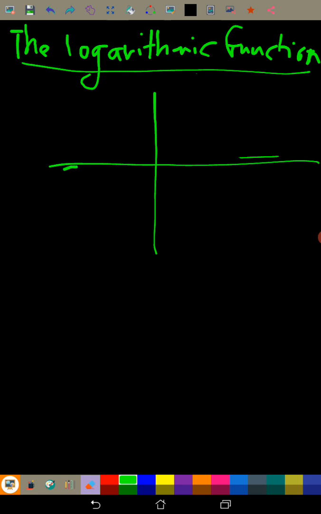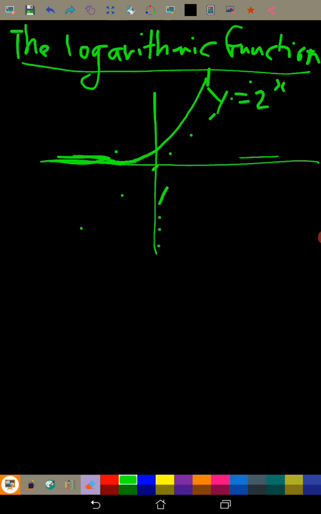Okay, this is very close to the x-axis, but it does not touch the x-axis, so it is an asymptote. I don't know how I can represent it with my big fingers here. Okay, this is not doing me justice. But this is y is equal to 2^x. Not so important. Let's draw the line of symmetry here, so we're going to have something like this.